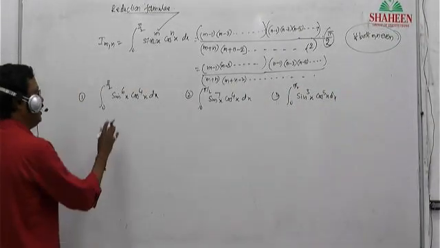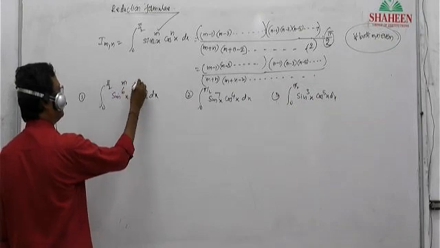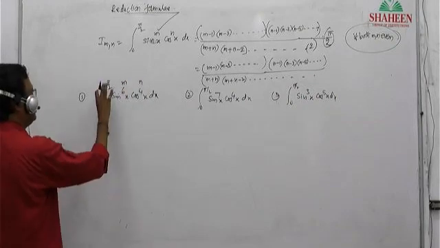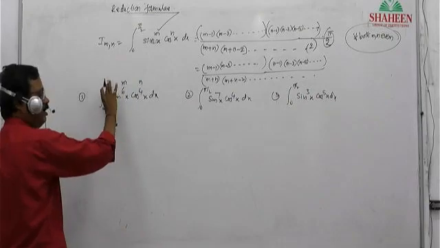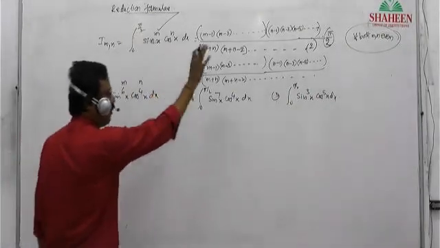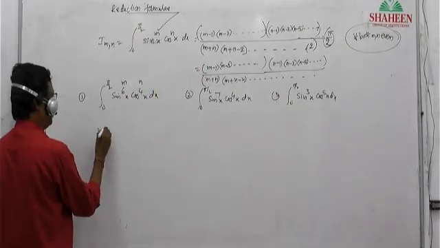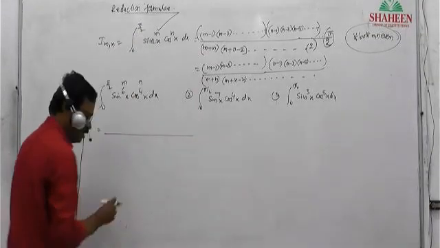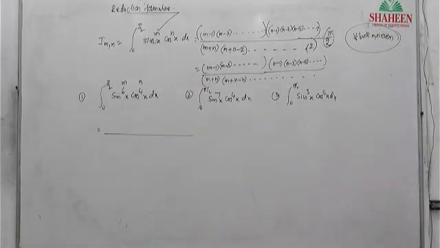Now let us see this one. This is the m, this is the n. Let us write 0 to pi by 2, check the limits. 0 to pi by 2 must be there. We can apply it. See that.